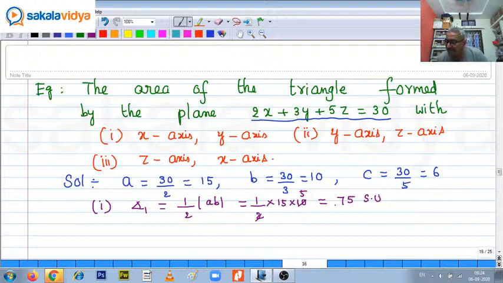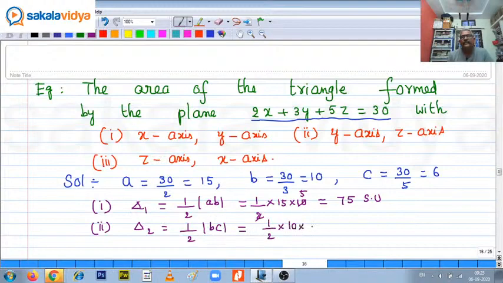Swati Singh, absolutely correct. Second, delta 2 is half of mod BC, half of 10 into 6, 30 square units.